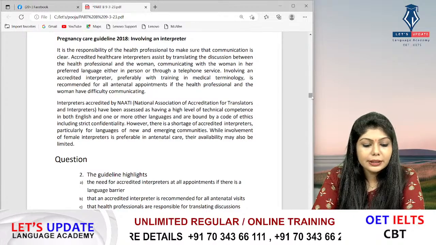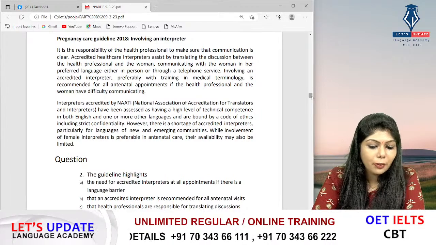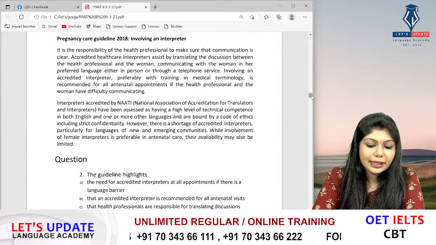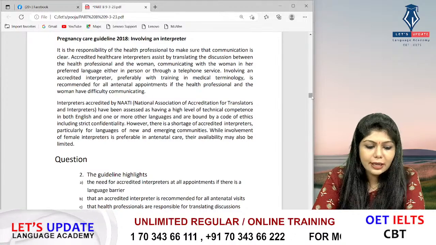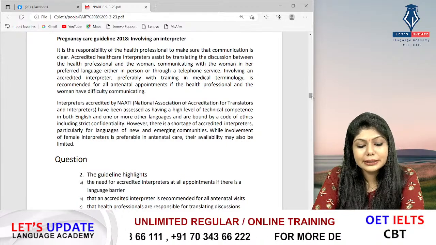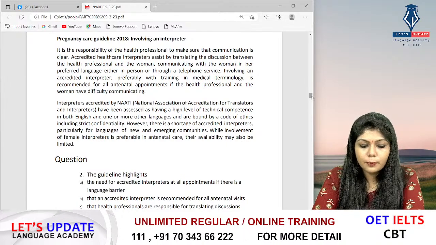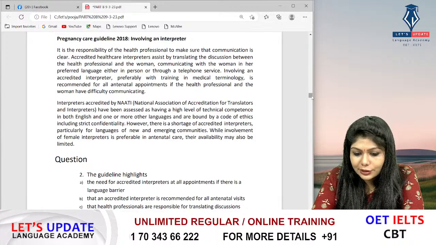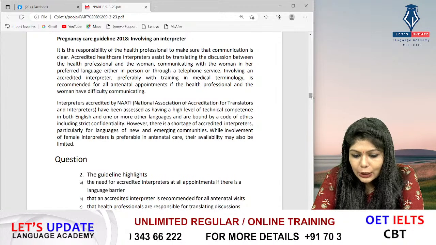So that was what the extract was about, and the question is, the guideline highlights: Option A, the need for accredited interpreters at all appointments if there is a language barrier. B, that an accredited interpreter is recommended for all antenatal visits. C, that health professionals are responsible for translating discussions. So these are the three options, and I can see most of you coming in with your answers.